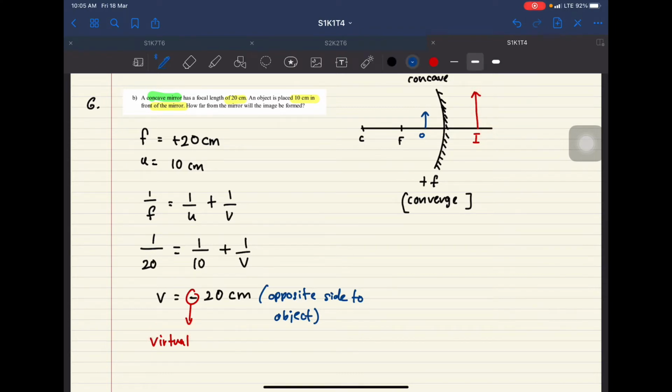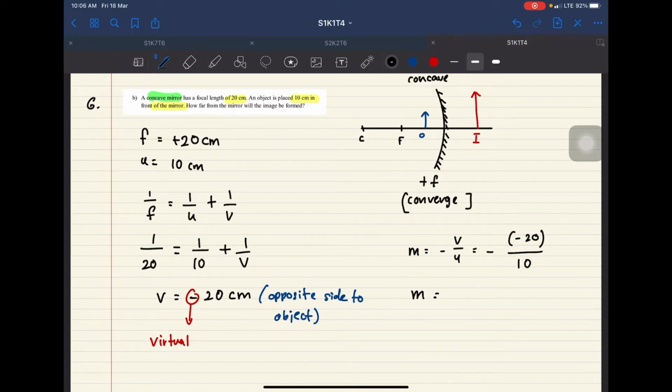Maybe if you want to really make sure, you can try to calculate the m, even though the question doesn't ask. m equals negative v over u. So this is negative, v is negative 20, u is equal to 10.